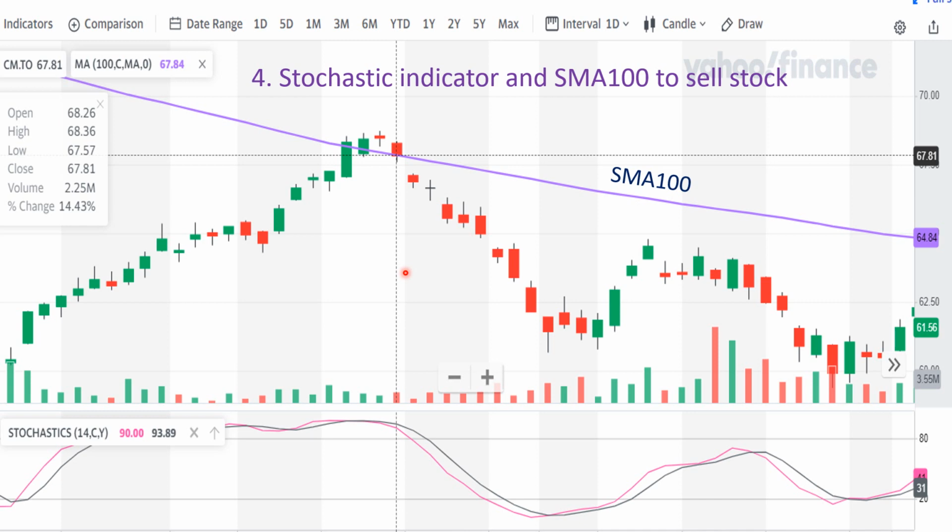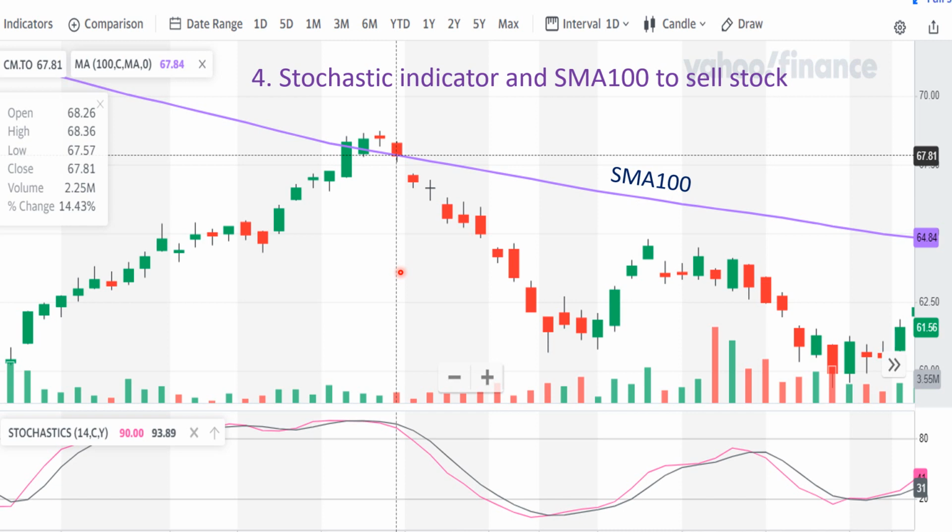The four golden trading strategies to buy and sell stock described in this video are a combination of technical indicators such as RSI, MACD, Bollinger Band, stochastic, moving averages, and on-balance volume that are widely used by traders to maximize profit in stock trading.